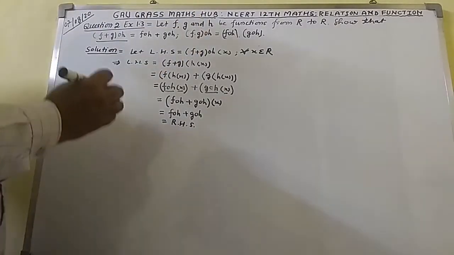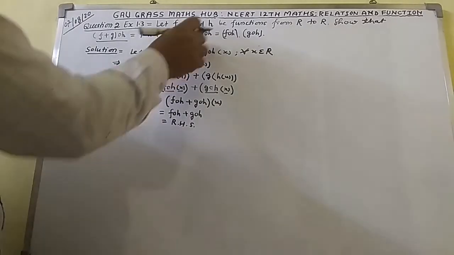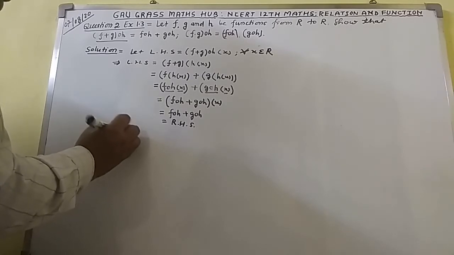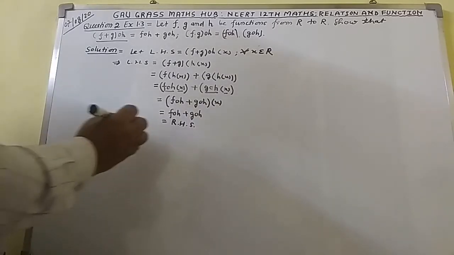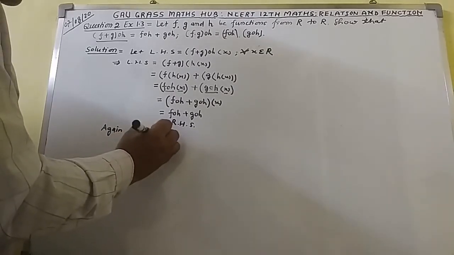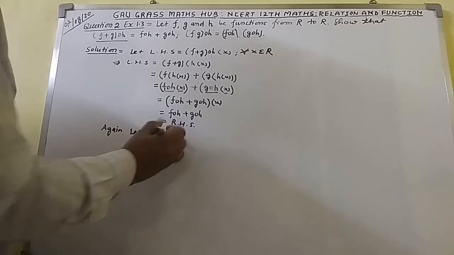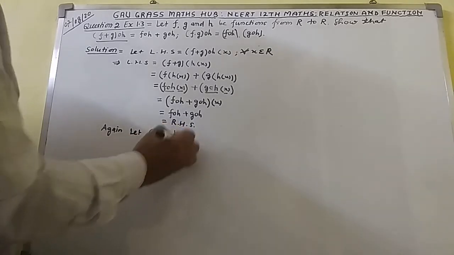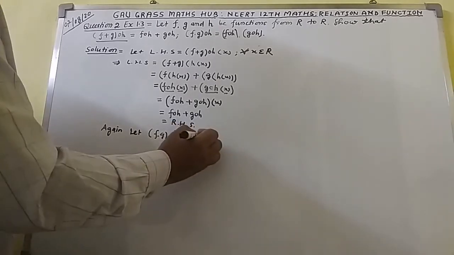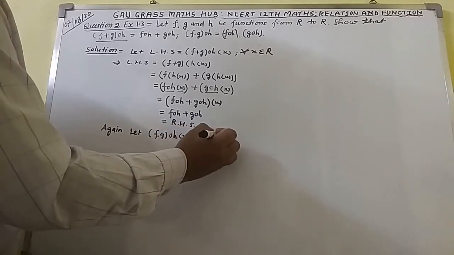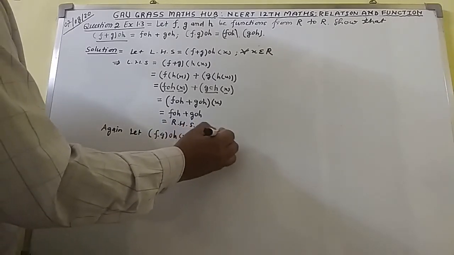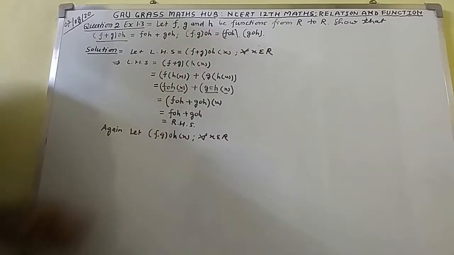Here you can see again, for the second question, let (f dot g) o h of x, for all x belonging to capital R. This thing you have to write.